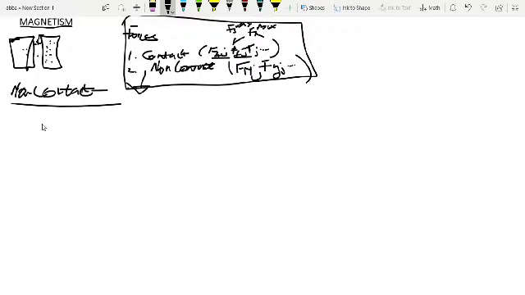Similarly, when it's going to repel, it does the same. You experience a force either toward or away from the object. That is how we define magnetism.